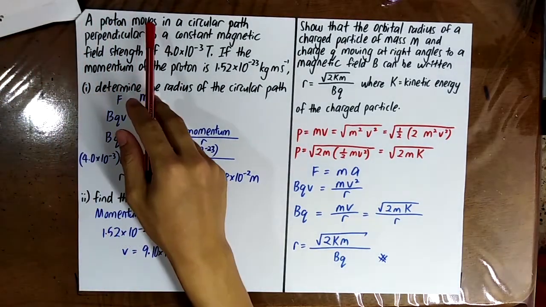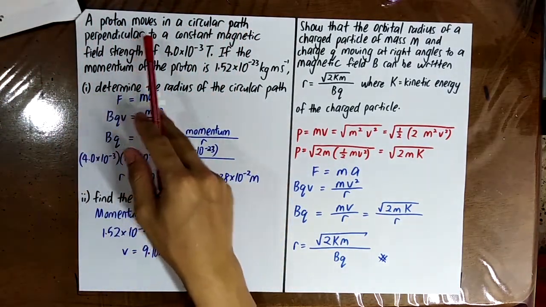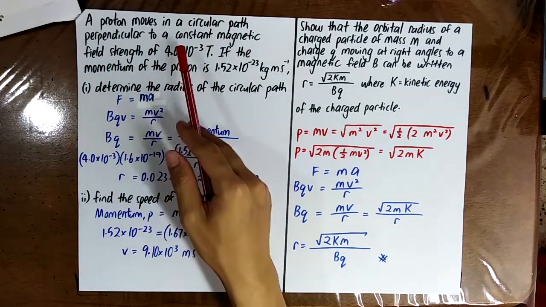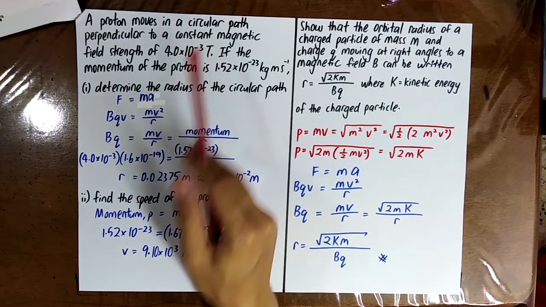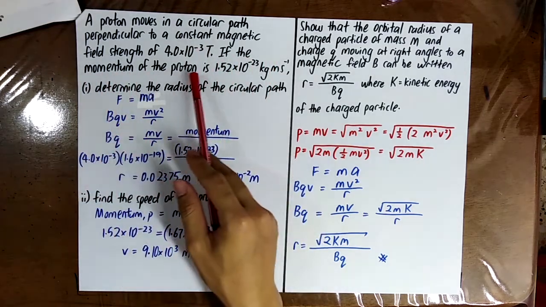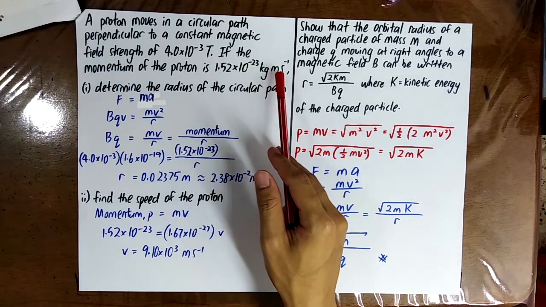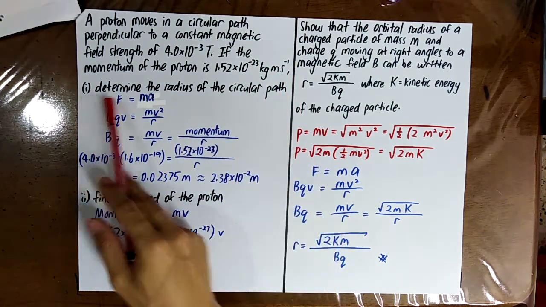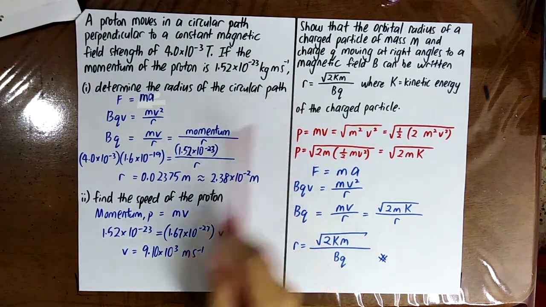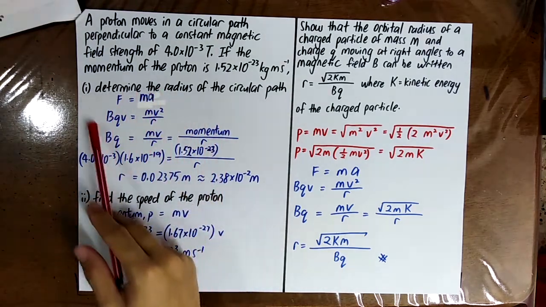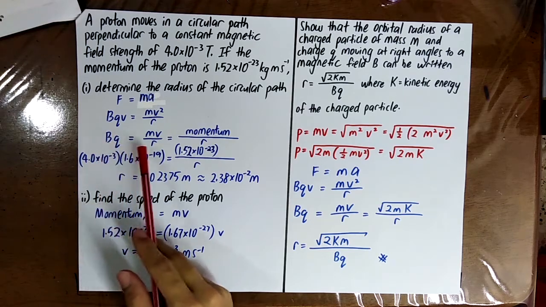A proton moves in a circular path perpendicularly to a constant magnetic field strength of 4.0 times 10^-3 Tesla. If the momentum of the proton is 1.52 times 10^-23 kilogram meter per second, please determine the radius of the circular path. F equal to ma. By using this formula, you can arrive at this.